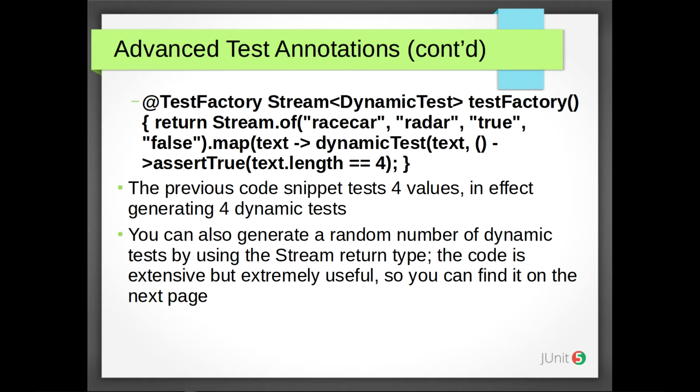Well, the previous code snippet tests 4 values, in effect generating 4 dynamic tests. You can also generate a random number of dynamic tests by using the stream return type. The code is extensive but extremely useful, so you can find it on the next page.